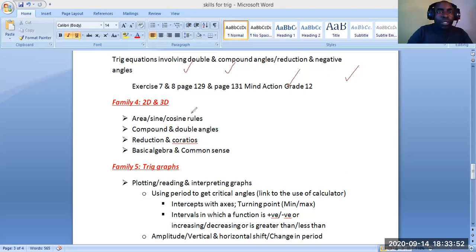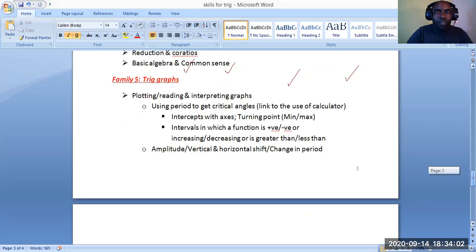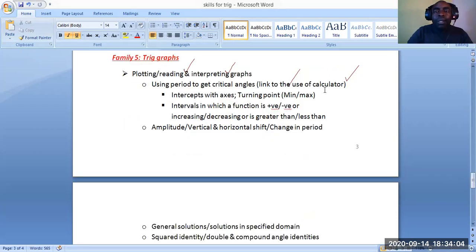Now, today, we are discussing mostly questions that we found in family number 5, which deals with the trig graphs. In short, we should be able to plot, to read, and interpret trig graphs.